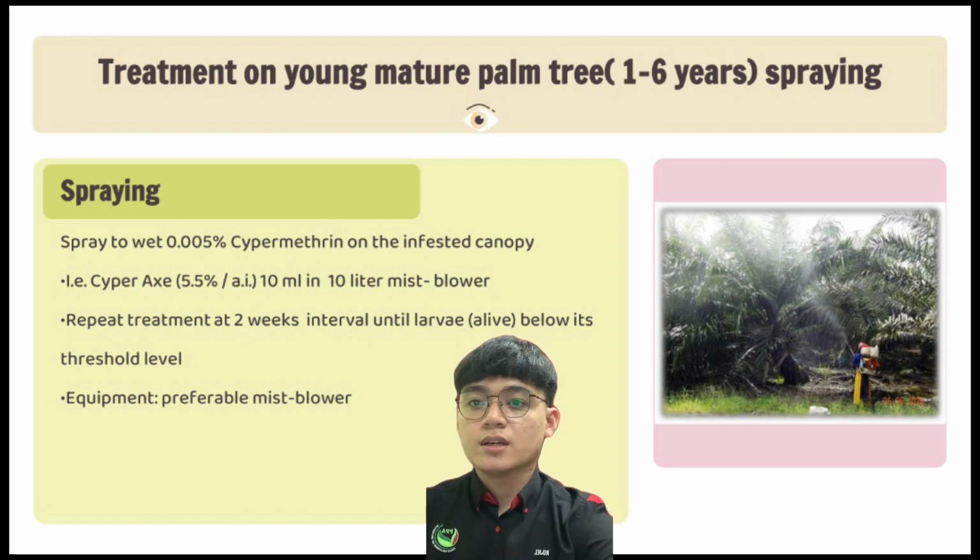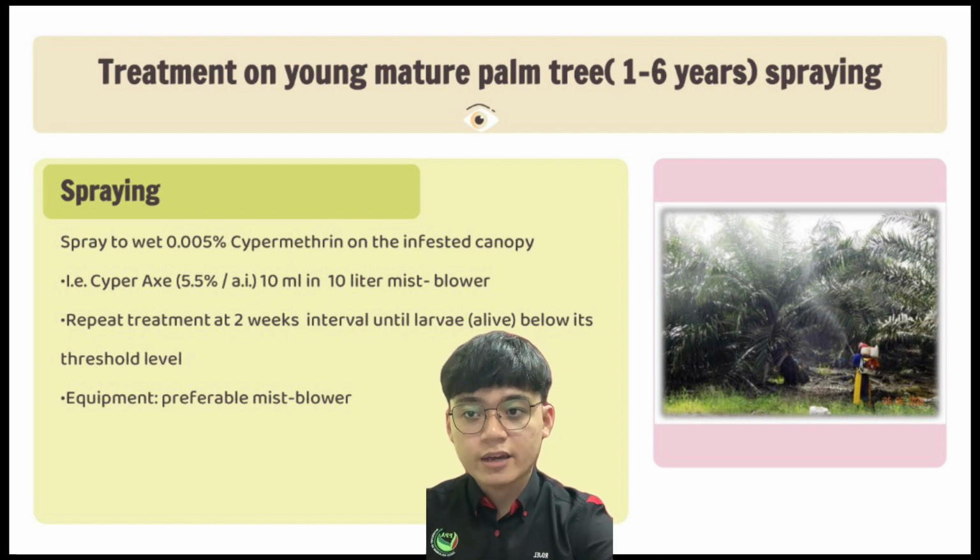As we can see in the picture, they are spraying using a mist blower. Spray to wet 0.005% cypermethrin on the infested canopy. As an example, we use Cyper X 5.5%, which is 10 ml per 10 liter mist blower. We should repeat the treatment at 2 weeks interval until the live larvae are below the threshold level.